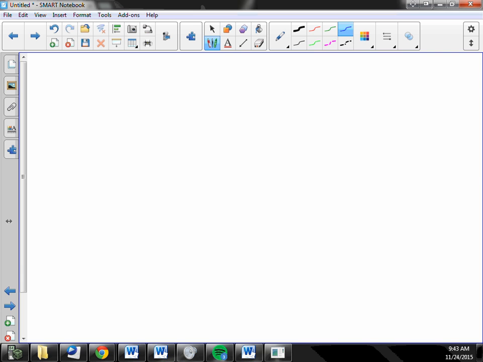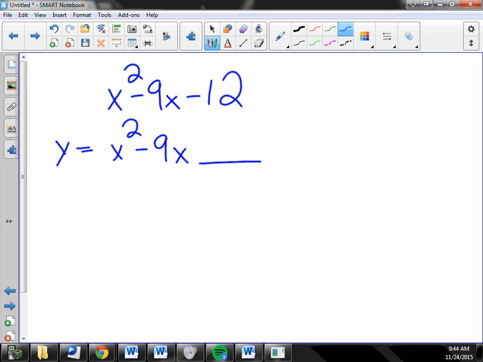It's a little bit more complicated if the middle number is odd. For instance, x squared minus 9x, let's say minus 12. So y equals x squared minus 9x, leave a space, minus 12. What number goes in here?